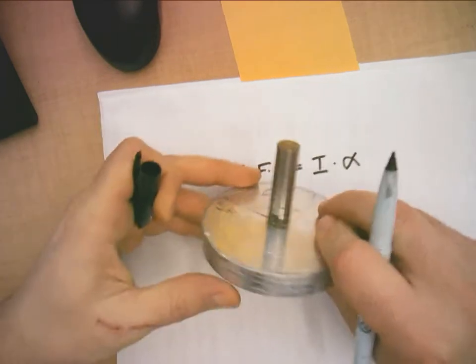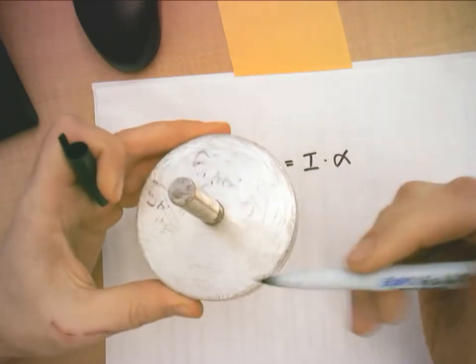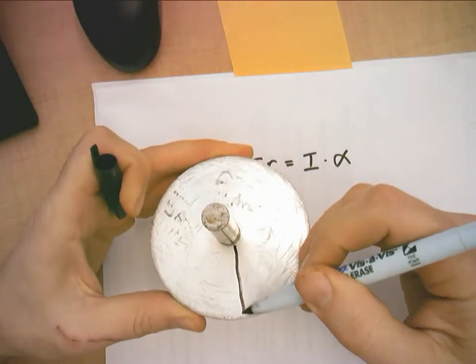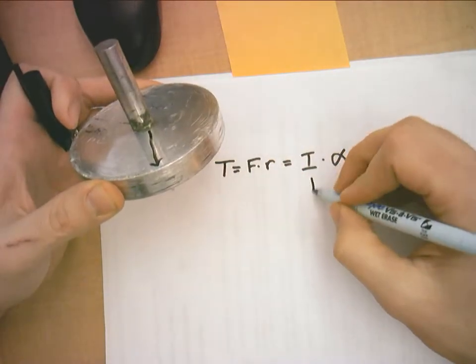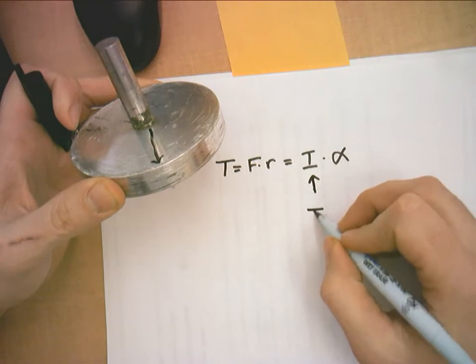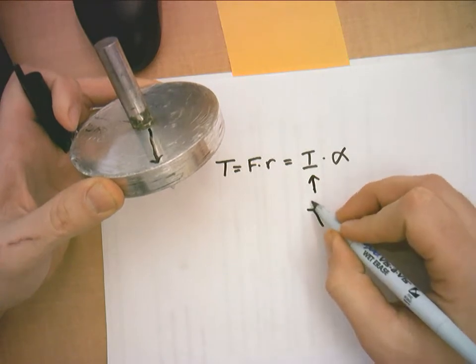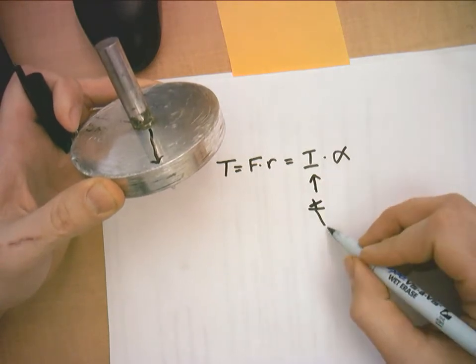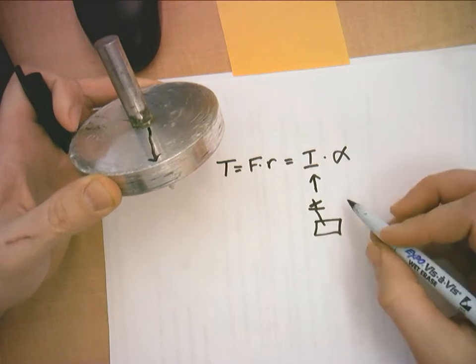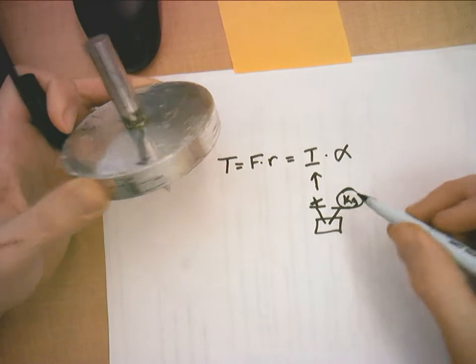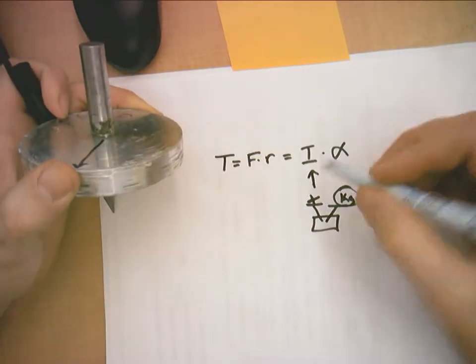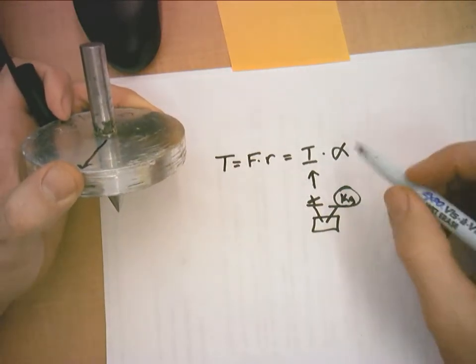So like this top, we could measure its radius, and then we could put it on a scale or something. So I comes from both the mass of the object, in this case a little top, and the radius of the top. So we'd have a certain number of kgs here, and we'd also have a certain radius.